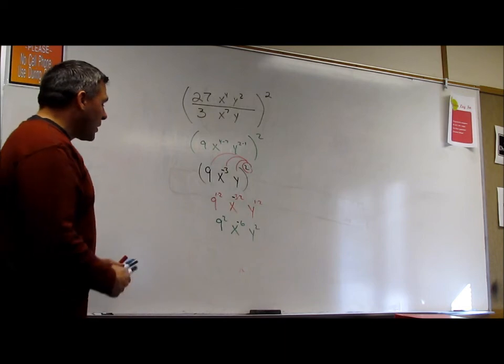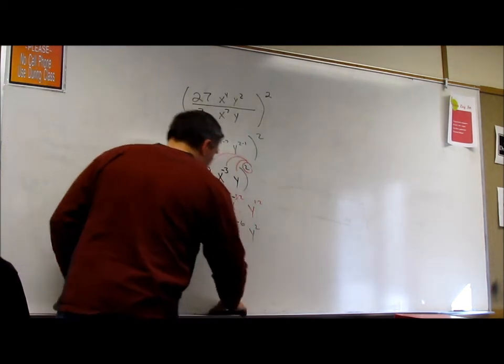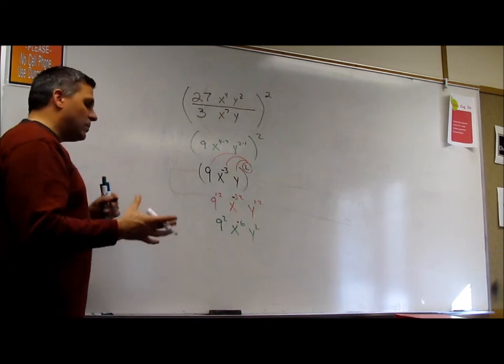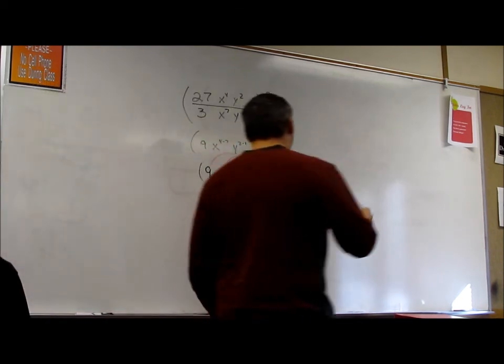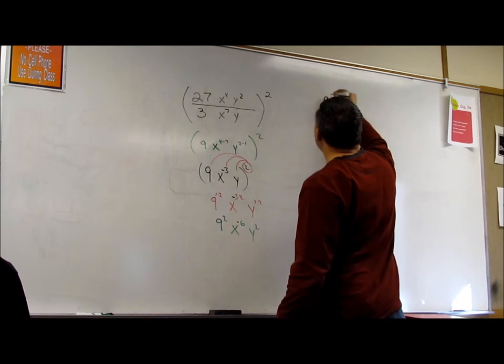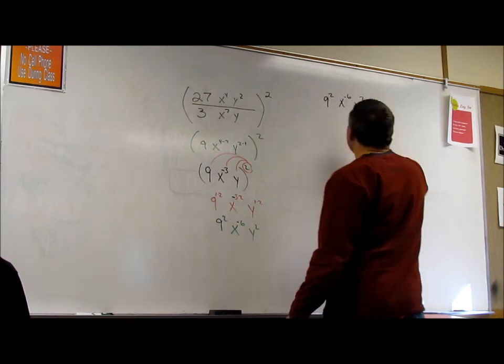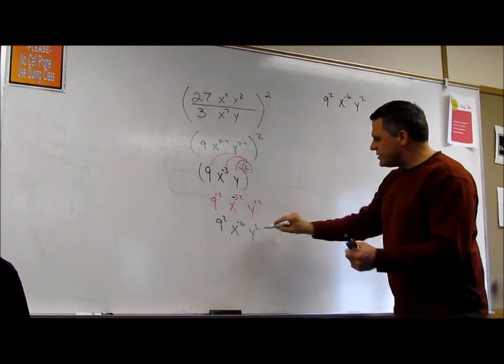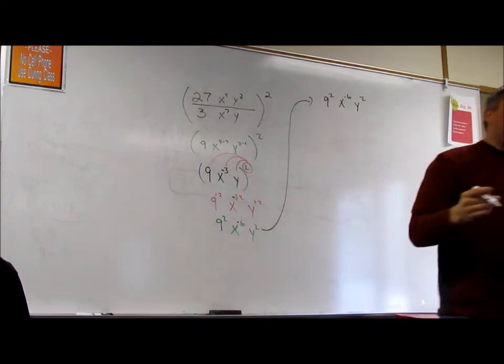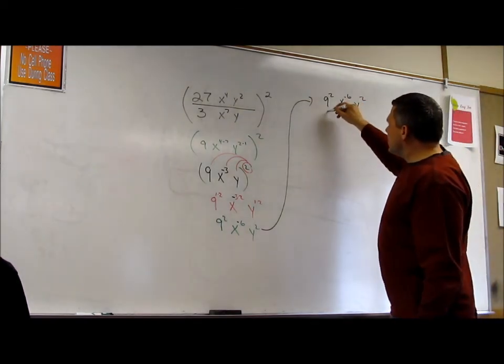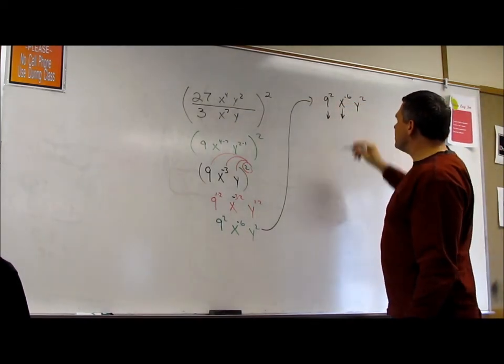Okay, so now we need to manipulate the equation. We have 9 squared x to the negative 6 y squared. I'm bringing it up so I can look at it. Now I need to manipulate it so that it's all the way it's supposed to be. That means this number needs to be dealt with and this number needs to be dealt with.